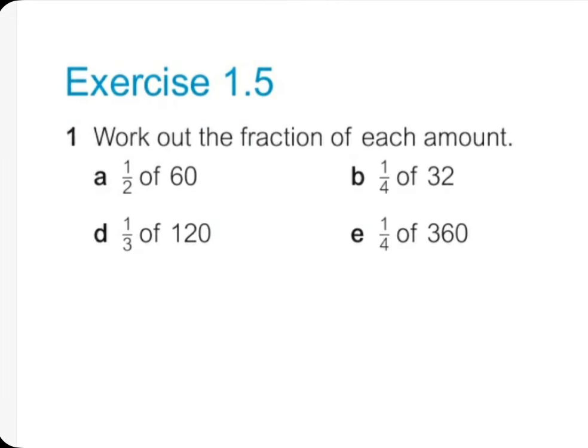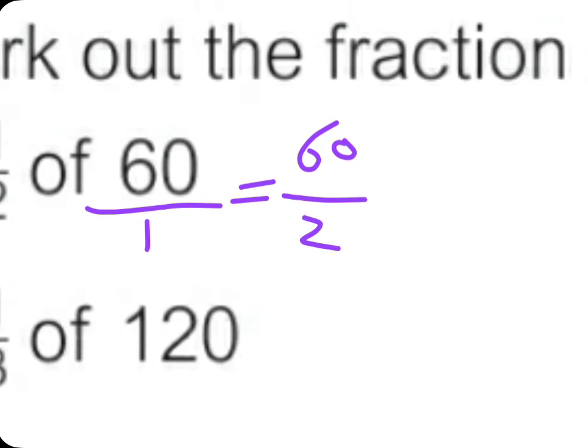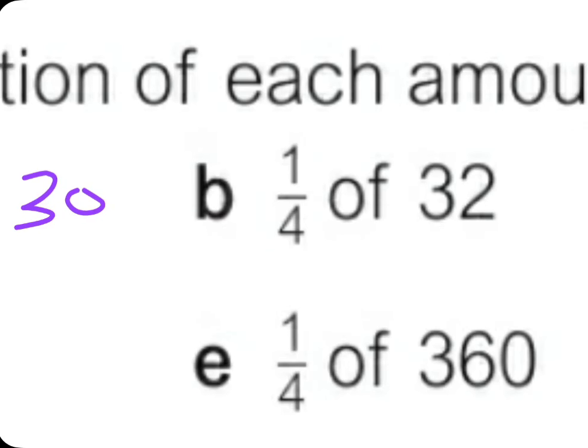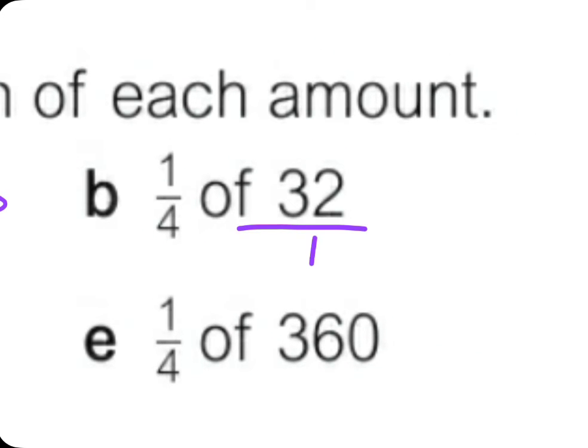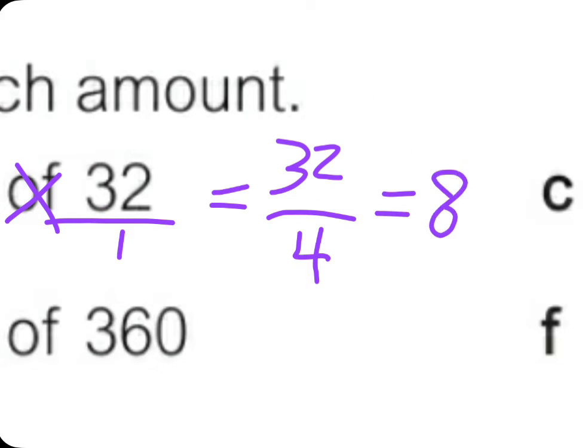So as we said, the first one was over 1 and it's 60 over 2 equals 30. Same idea, let's do the same idea here. It's going to be over 1 here, so when you multiply them, of means multiplying, it's 32 divided by 4, it equals, very good, 8. You can use this idea.